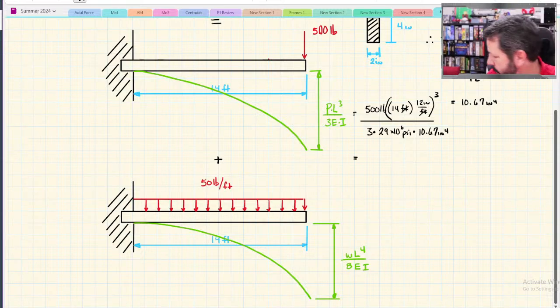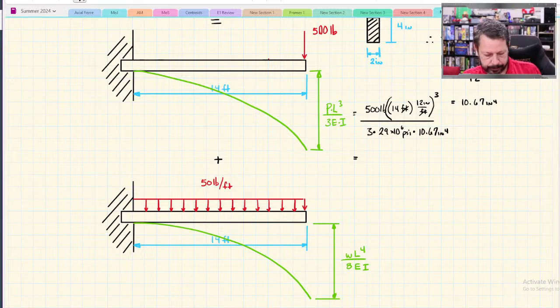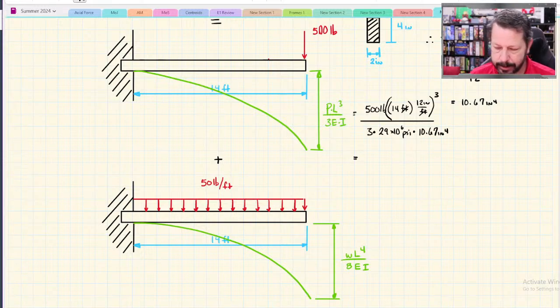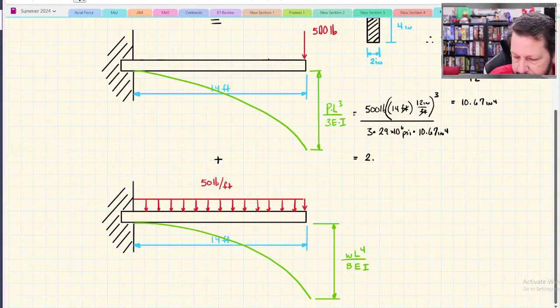So if we can get all of that into our calculator, trying to plug it all in, I think it ends up a relatively large number, 2.55 inches.